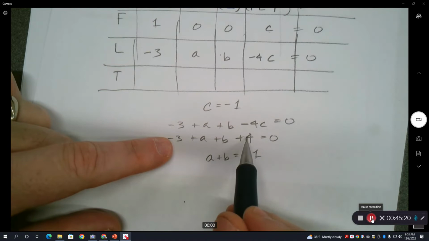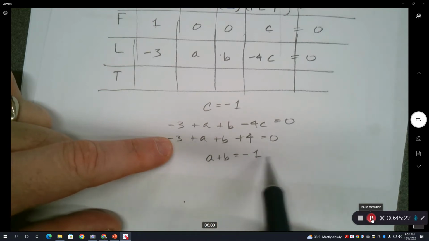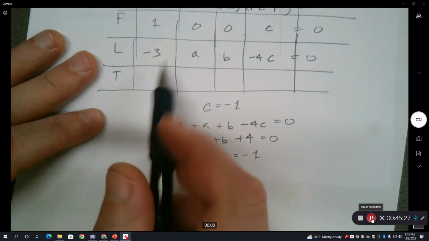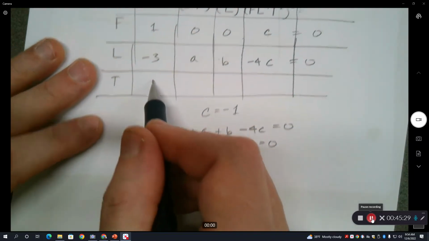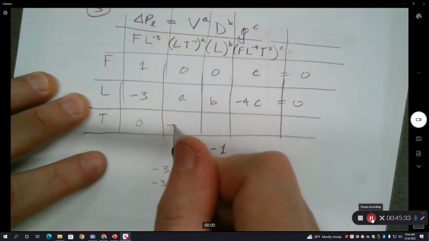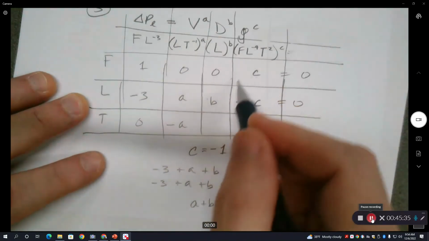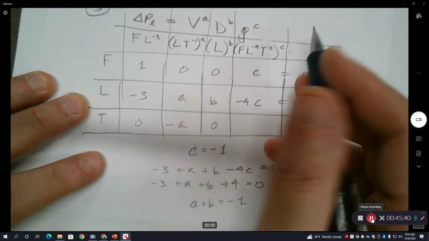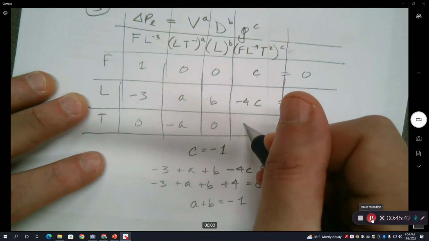Because that would have been plus 1 here, but we'll bring them over to the other side. Then, lastly, up here, we're just going to say that we have 0, negative A, 0, and then 2C. Is that right?